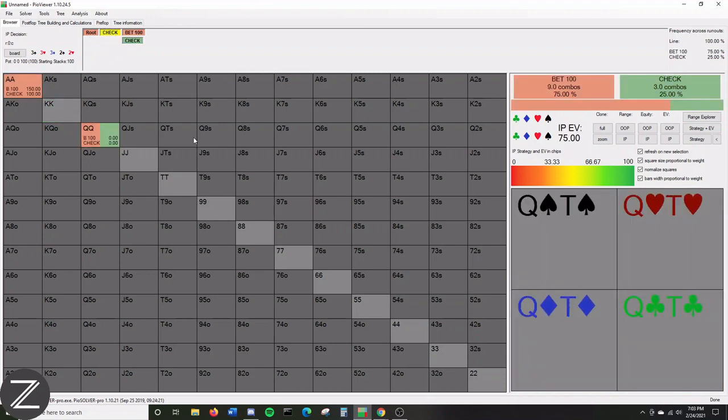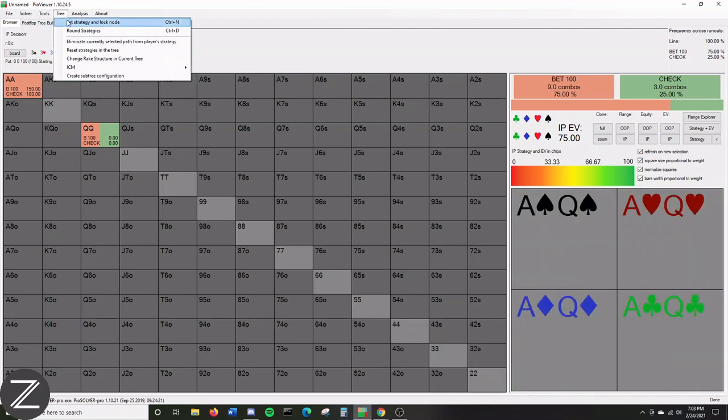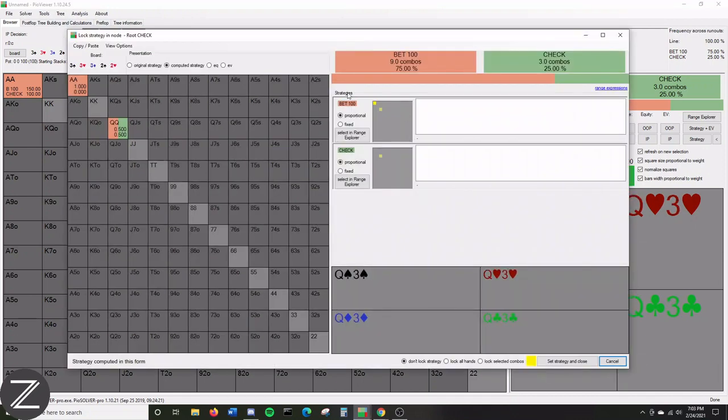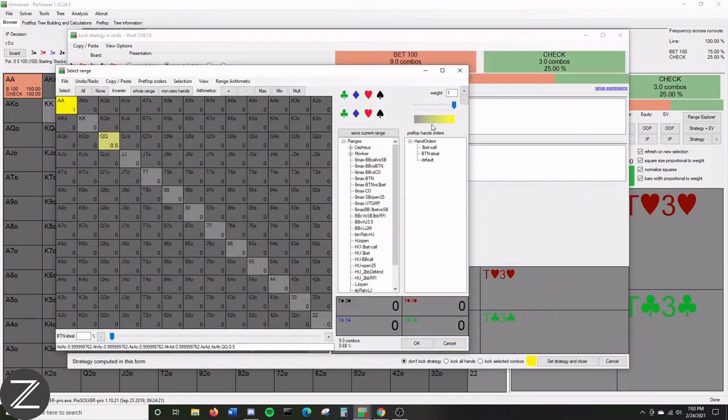So now what I'm going to demonstrate is how overbluffing or underbluffing will affect either strategy. Say India slightly overbluffs this spot, say just by like 1%.